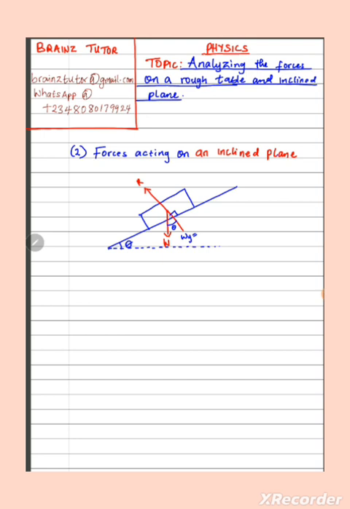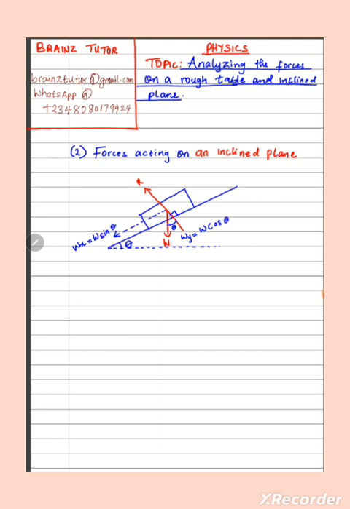Since this angle is inclined at angle theta to the vertical, it's going to be W cos theta, and then it's also going to have the horizontal component. So this horizontal component is going to be W sin theta.